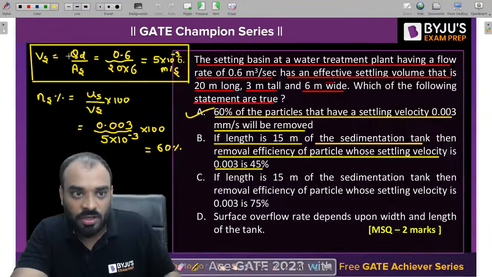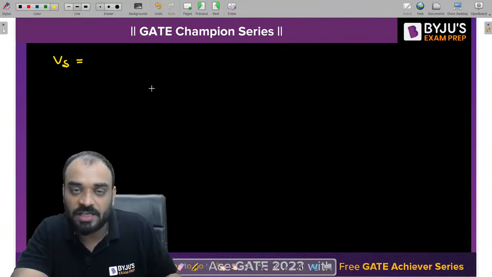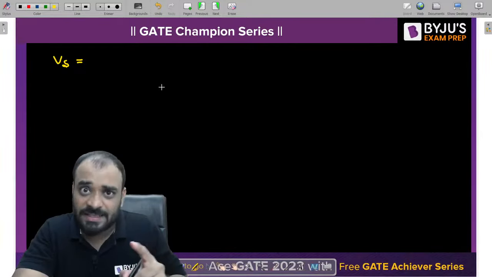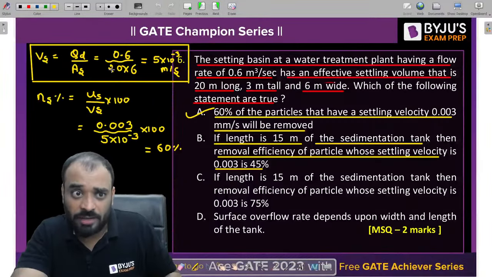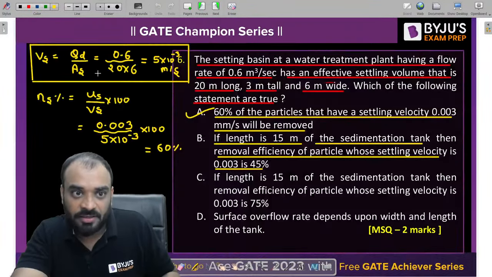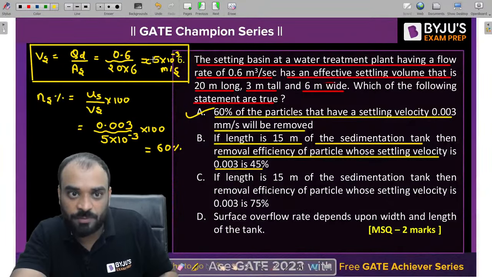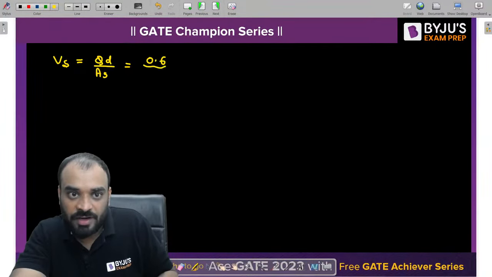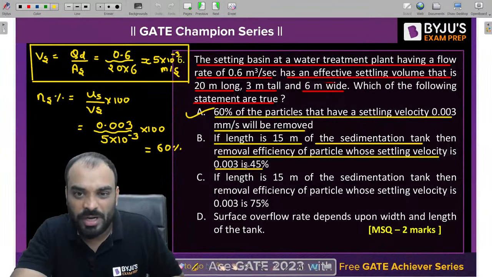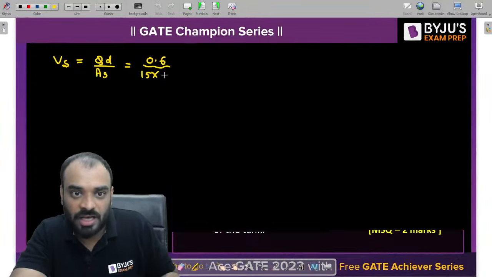Okay, guys, let's solve. But in this particular case, what will happen? The settling velocity, which is basically our design settling velocity, will get changed in this case. Why? Because the value of length is changing. So Q divided by surface area. Design discharge is 0.6 divided by surface area. In place of 20 meter length, you need to put 15, then we have 6.